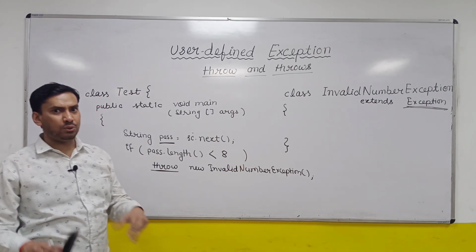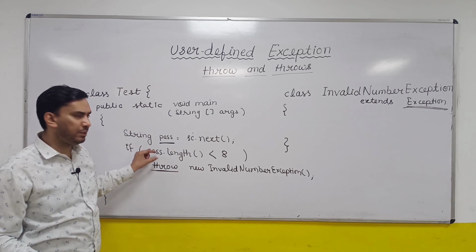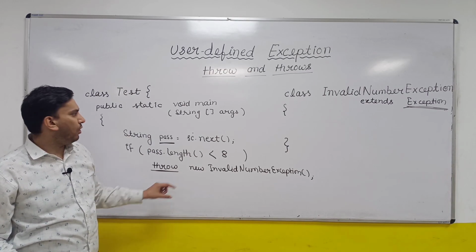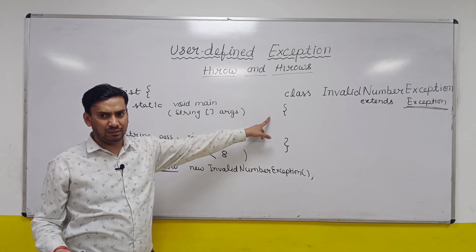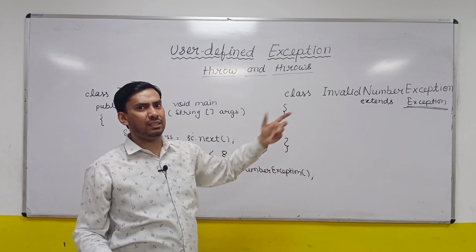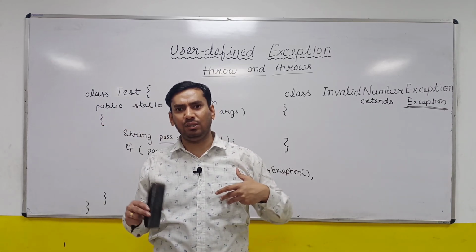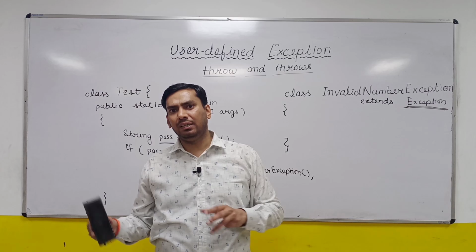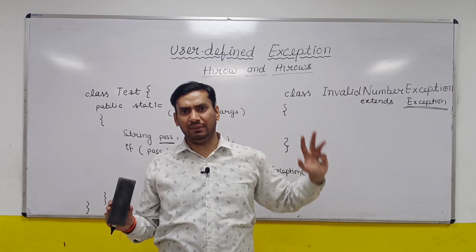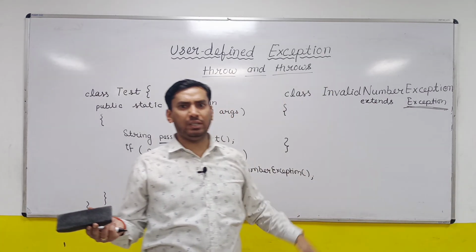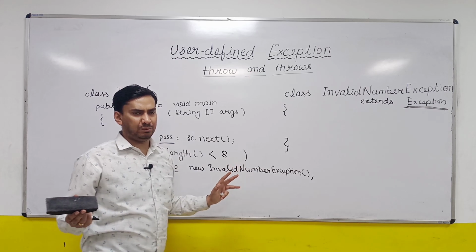There are two ways of handling the exception: either provide try catch finally or write a throws clause here. If you write the throws clause, the compiler will say okay, this exception should be handled by the caller, no issues, you can continue with the compilation process.